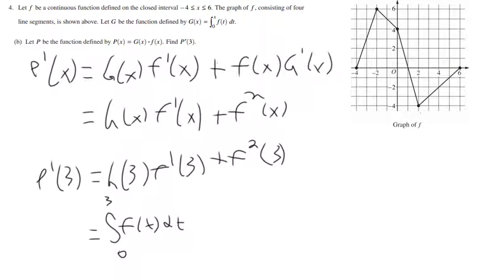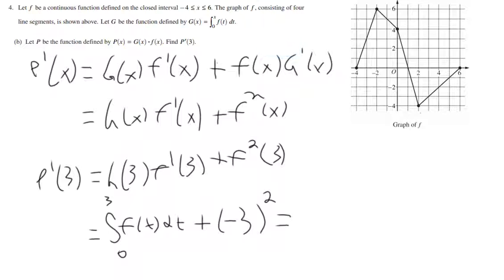So we'll multiply by 1. I won't even write it down since we're just multiplying by 1. And then we have plus f squared of 3. f of 3 is down here. It's a -3, so we have -3 squared.